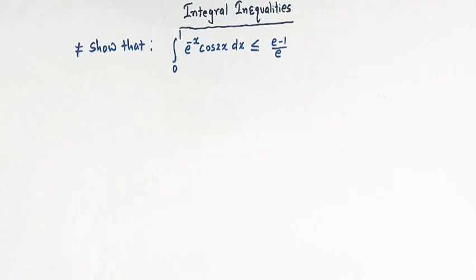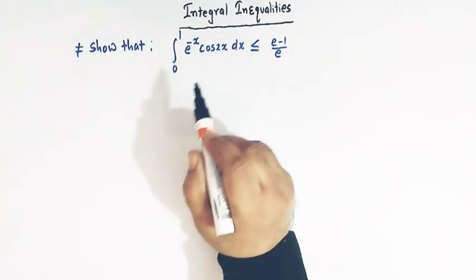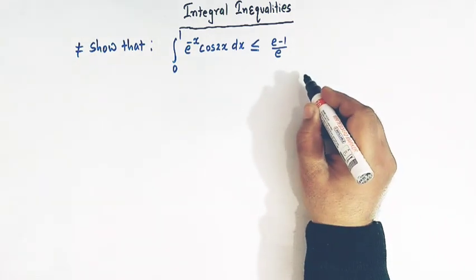So viewers, whenever we come across these kind of problems, we use this property.